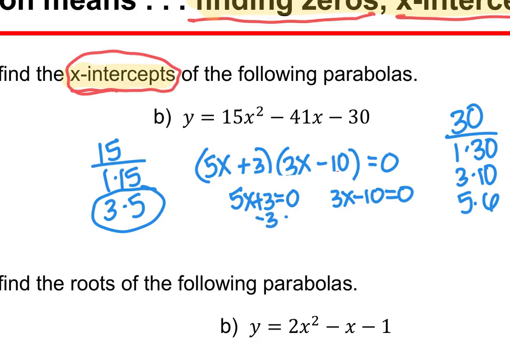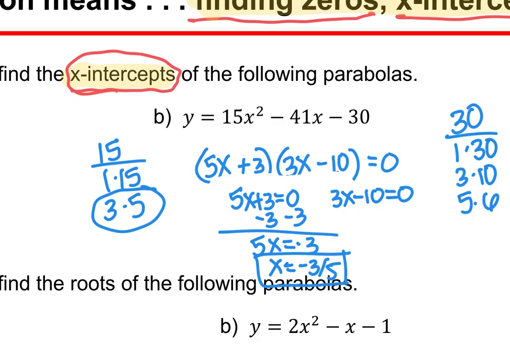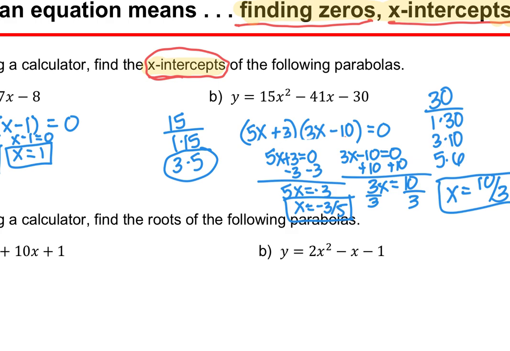So minus 3, minus 3. So go ahead and solve for x and see if we get the same thing. Okay, you should get x equals negative 3 over 5 and x equals 10 over 3.